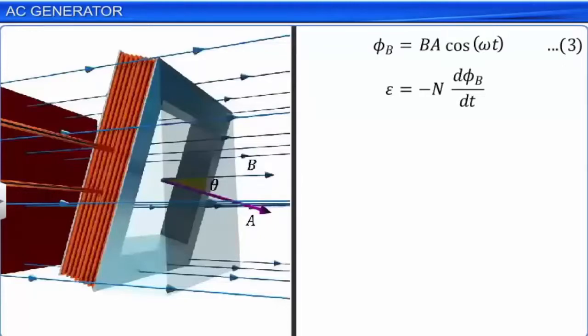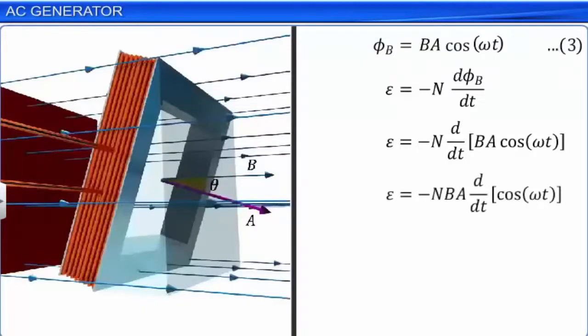On substituting the value of phi B from equation 3 and simplifying, we get E is equal to minus n d by dt of BA cos omega t. The strength of the magnetic field B and the area of the coil A are constants. The equation now transforms to E is equal to minus nBA d by dt of cos omega t.